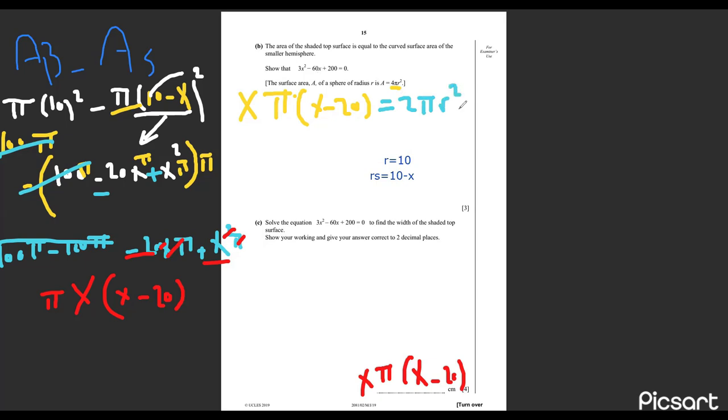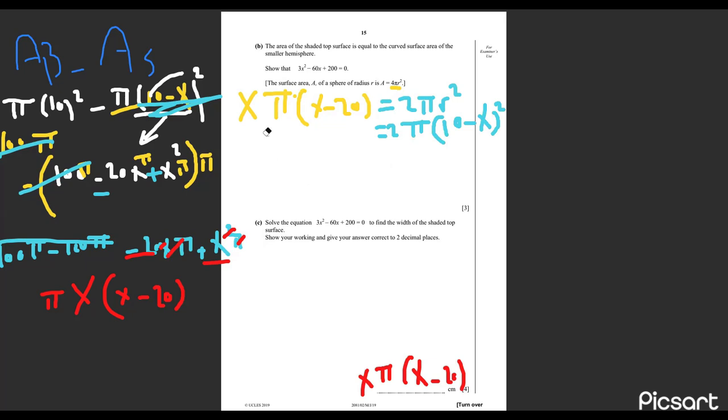And here r squared is, remember, 10 minus x. So it will be 2 pi times (10 minus x) squared.